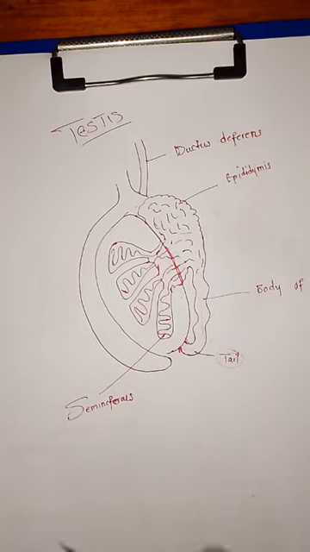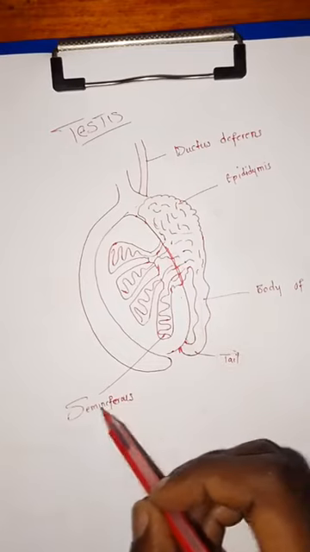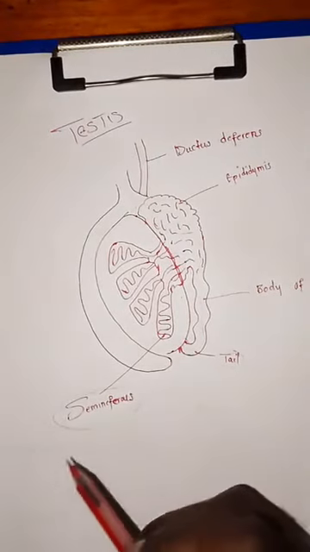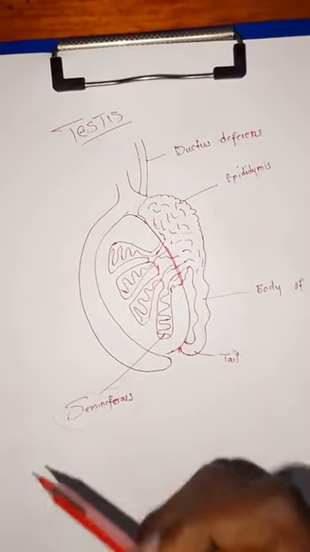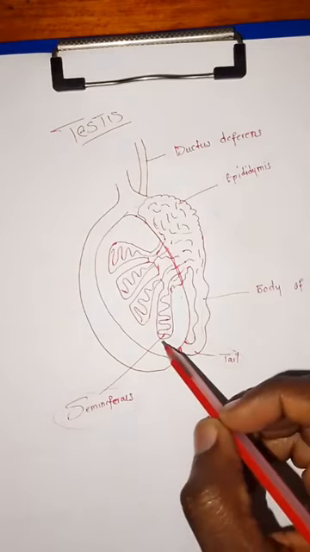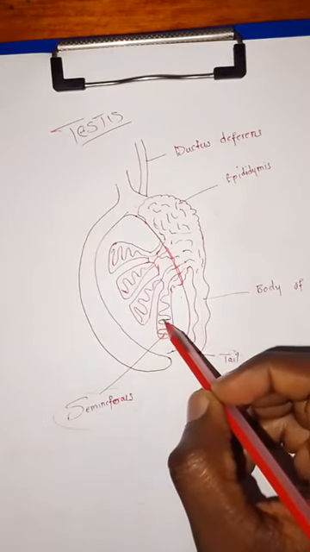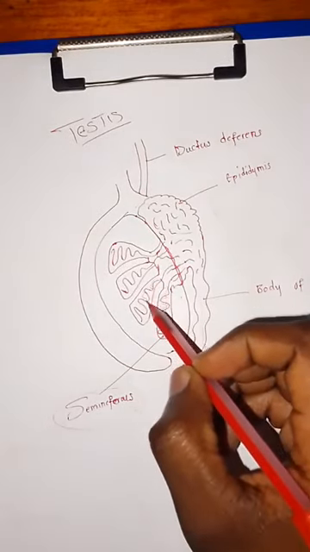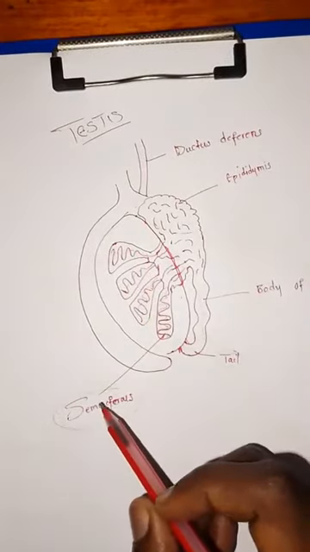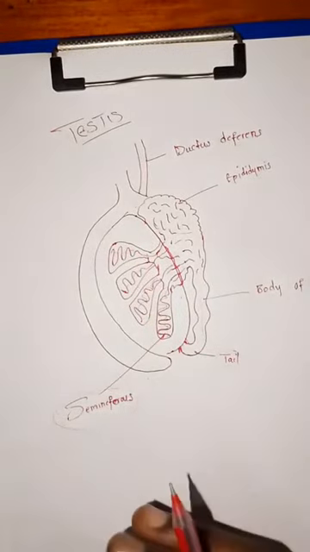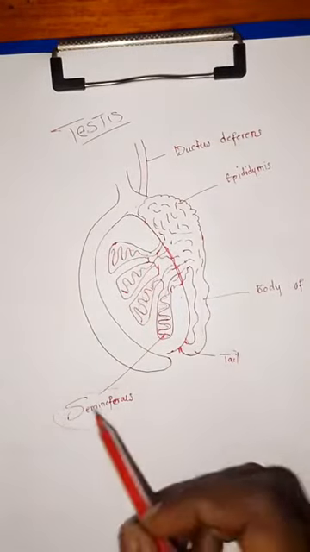It is the actual site of sperm production. These seminiferous tubules are highly coiled tubules found in the testis, as you have seen.